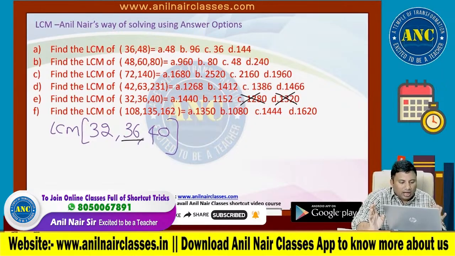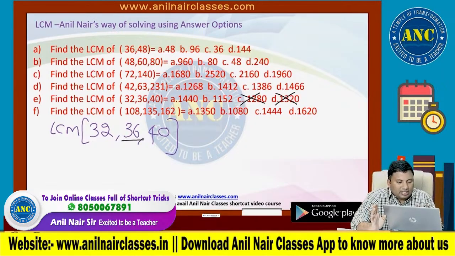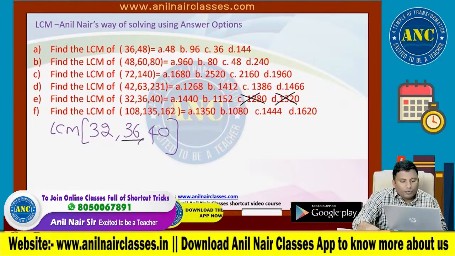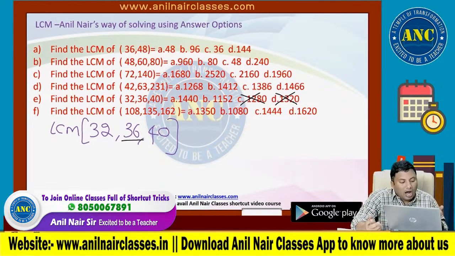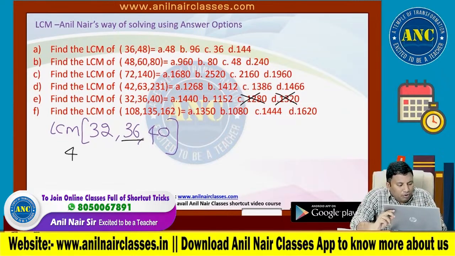So there are 32, 36 and 40. 1440 and 1152. Now we can either go by the divisibility rule or any other rule that comes. Just for clarity, we will use another method.